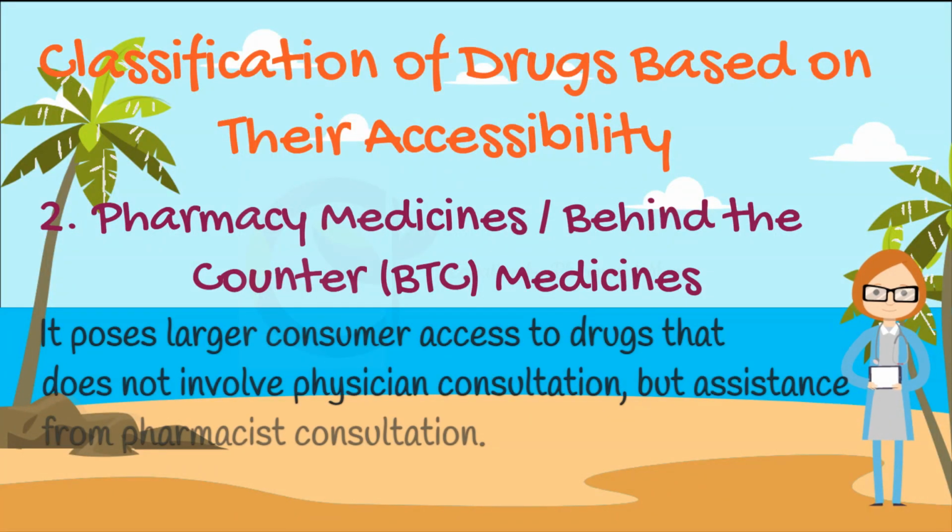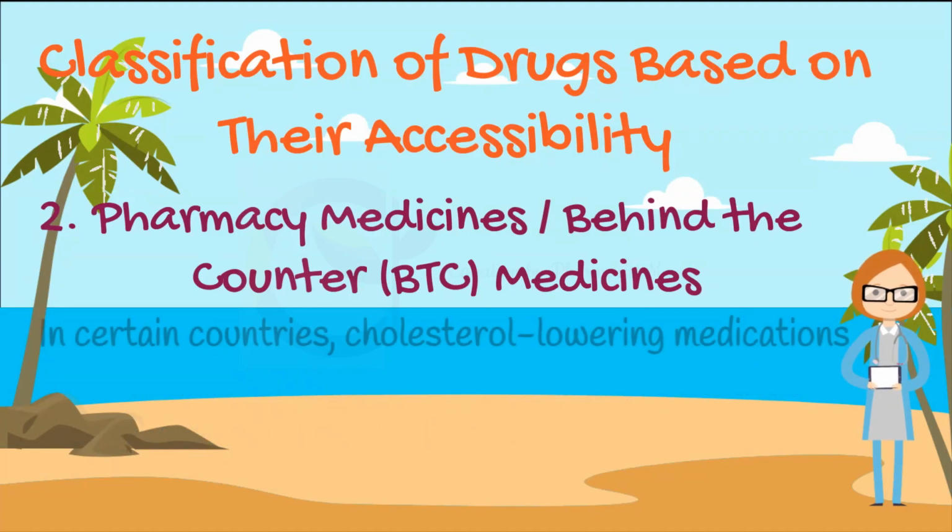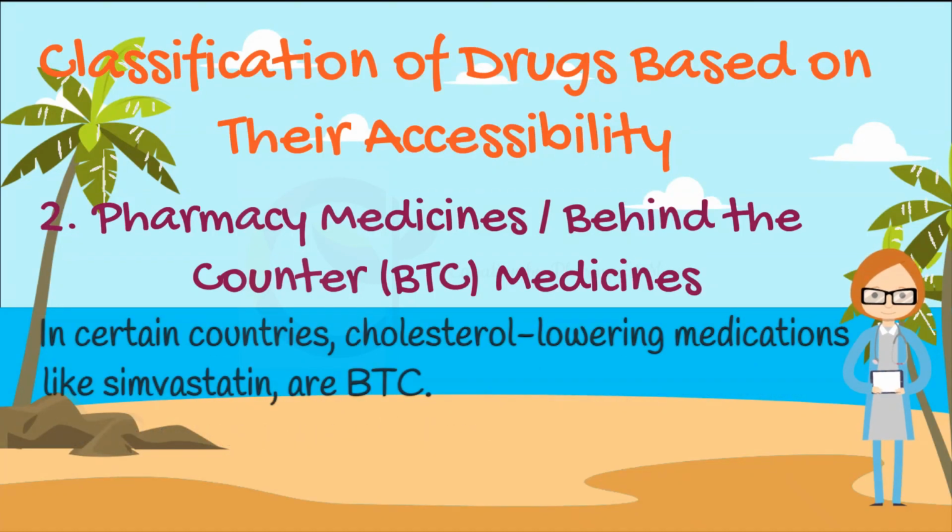Advocates of BTC claim that it poses larger consumer access to drugs that does not involve physician consultation, but assistance from pharmacist consultation. In certain countries, cholesterol-lowering medications, like simvastatin, are BTC, evidently pushing the limits on what can realistically be considered as self-managed situations.